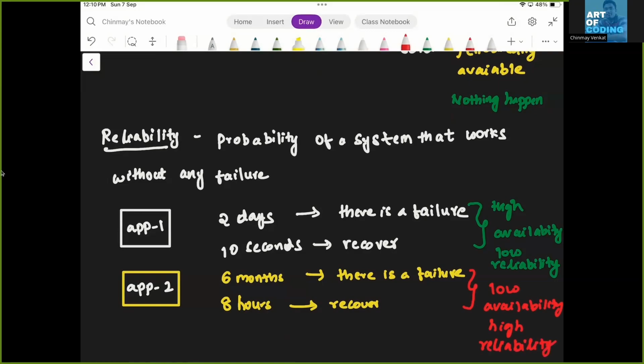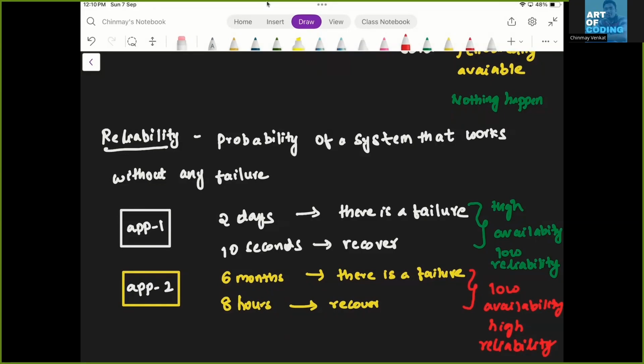I hope you can understand things better. Reliability is nothing but the probability of the system working without any failure. Whereas availability means the system operates continuously without any failure for an extended period. Here, it takes 8 hours to recover.